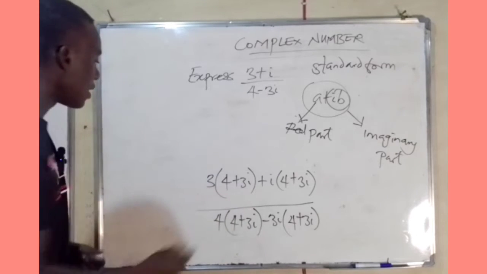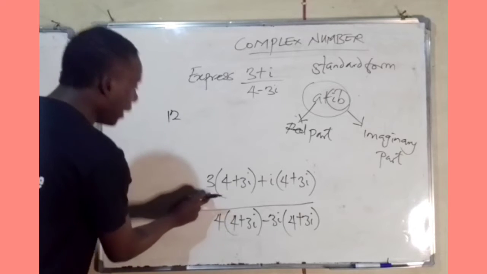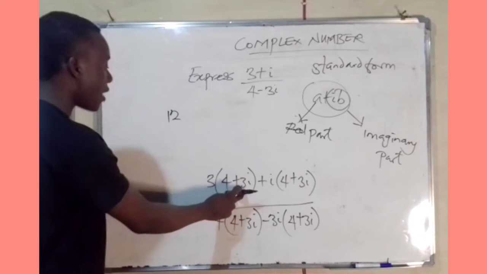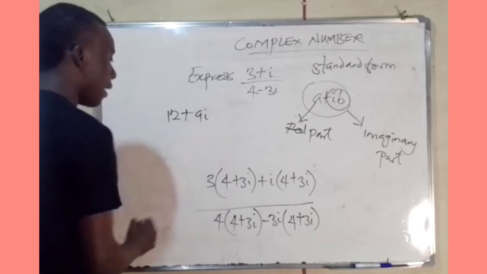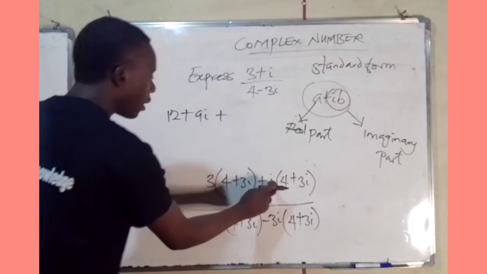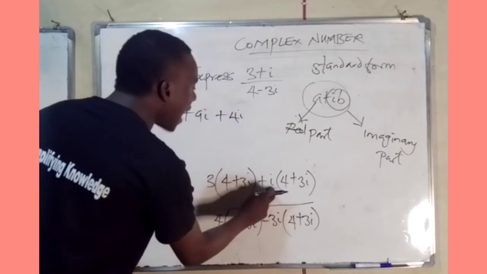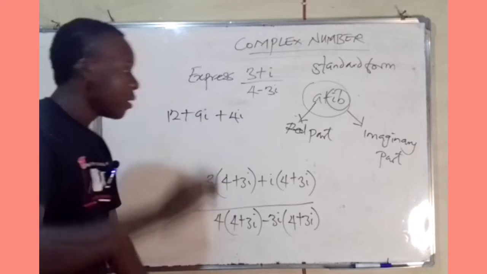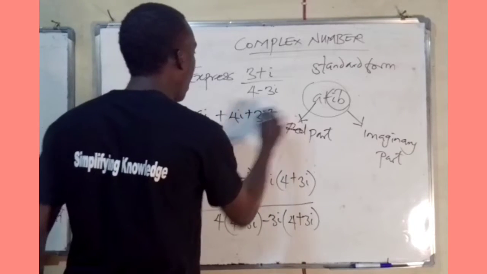Let's expand this. 3 times 4 is 12. 3 times 3i is 9i, so this is plus 9i. Plus i times 4 is 4i. And i times 3i is 3i squared, that's plus 3i squared.